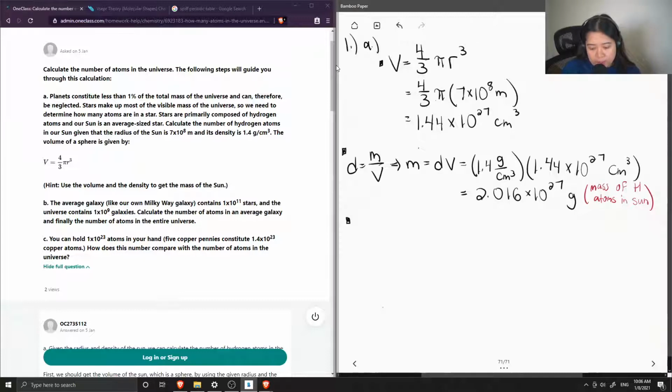Now let's try to figure out how many atoms this is. How many atoms of hydrogen are in the Sun. So in order to find the atoms, we first need to find the number of moles. So the number of moles is equal to mass over molar mass.